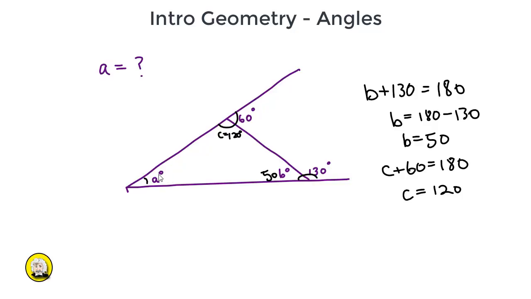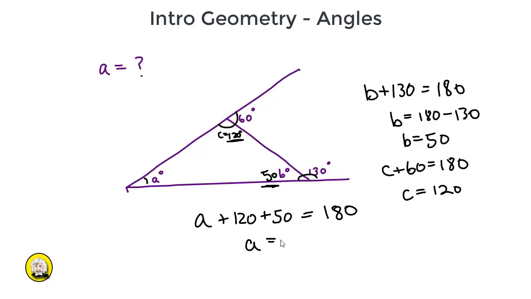Now I can solve for A. I know I have 3 interior angles of a triangle, 2 of which I've derived, actually, numerical values. So I can solve for A. A plus 120 plus 50 equals the sum of the interior angles of a triangle, which is 180 degrees.